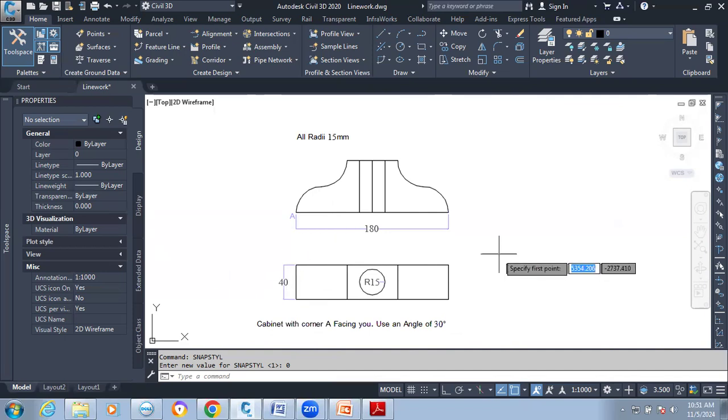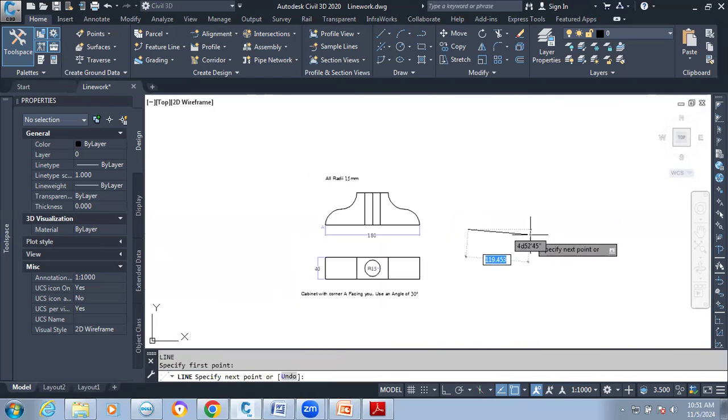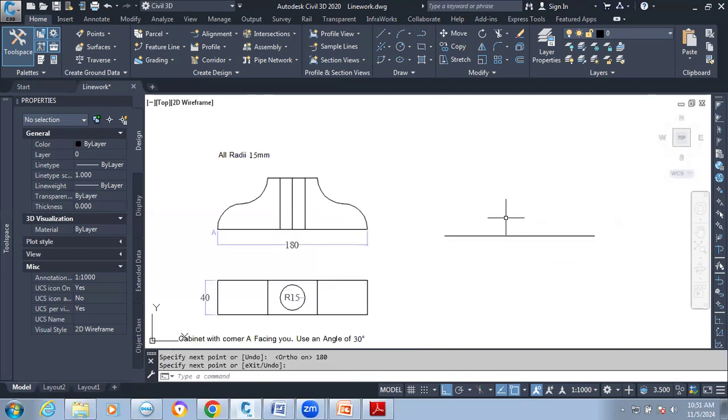So the line. Just know this is already a 15. So this is 15 here and 15. So the distance from the base to the top is 30.